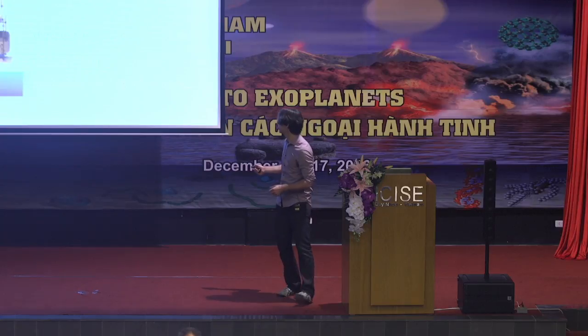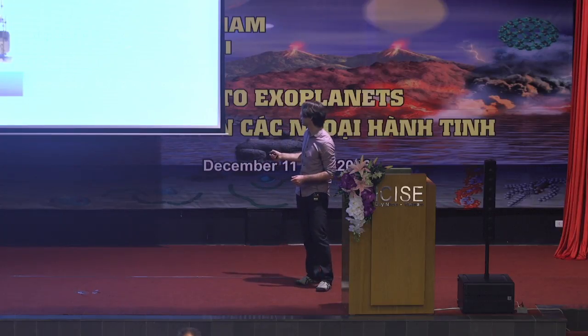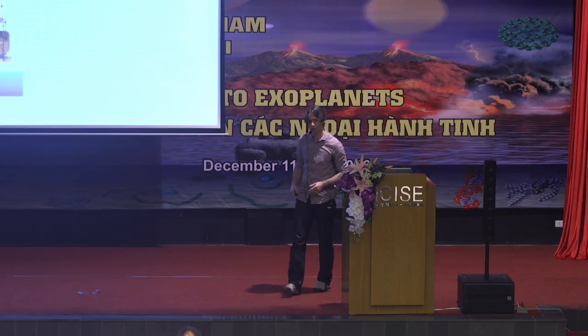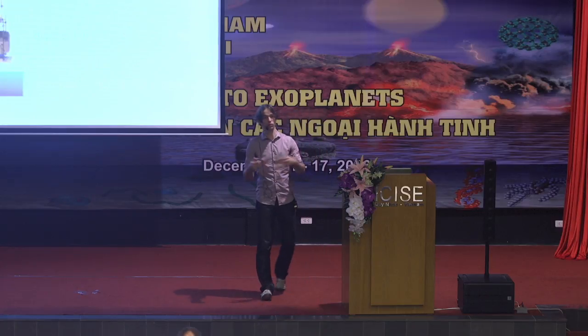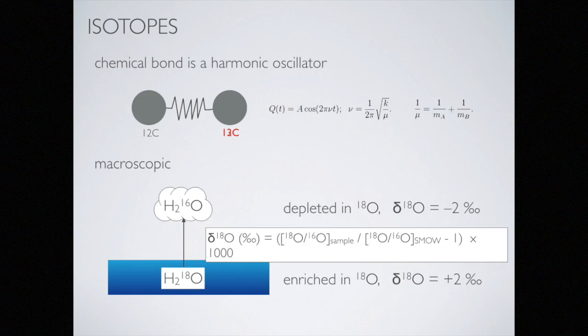So you end up with something that's depleted in 18O in the gas phase by a few per mil, and enriched in the liquid phase. So this is how you get isotopic enrichments or depletions. And there are many more different ways of getting to a fractionation, but that's how we can trace, in a way, what happened.